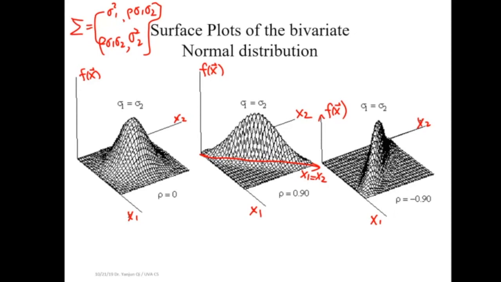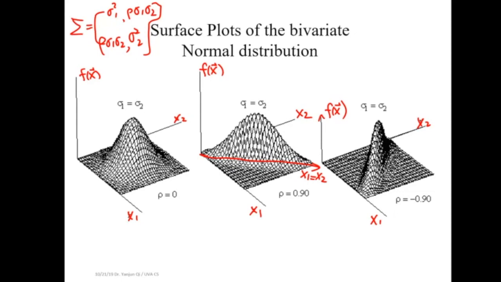For the middle figure, if the correlation is negative and almost completely negative, meaning x1 and x2 are completely negatively correlated, then the bell shape is no longer along x1 equals x2. It's along x1 plus x2: when x1 changes, x2 decreases along that line.